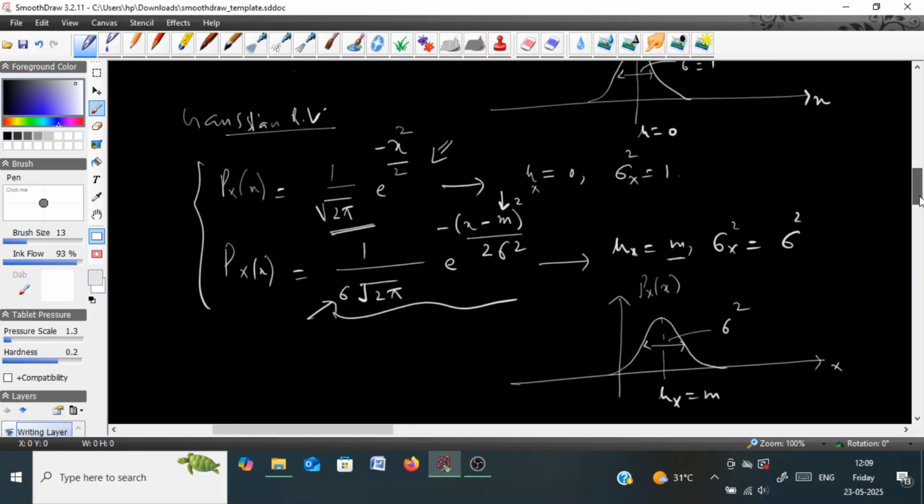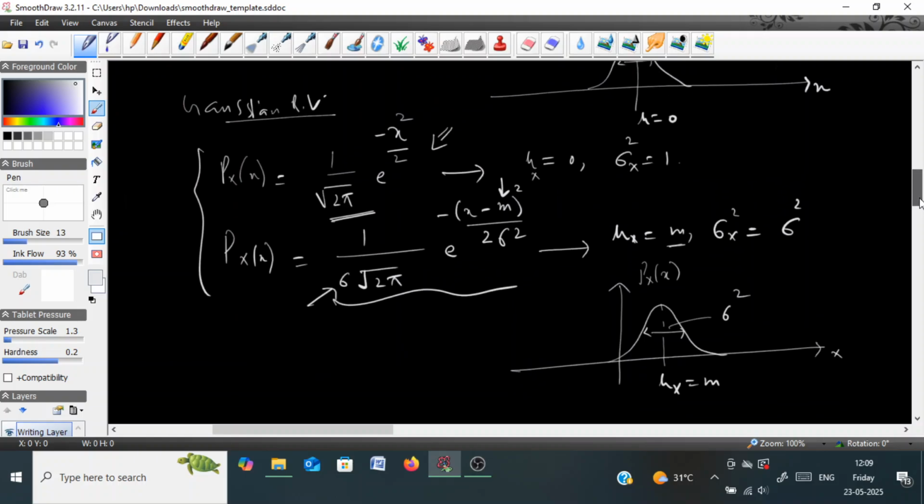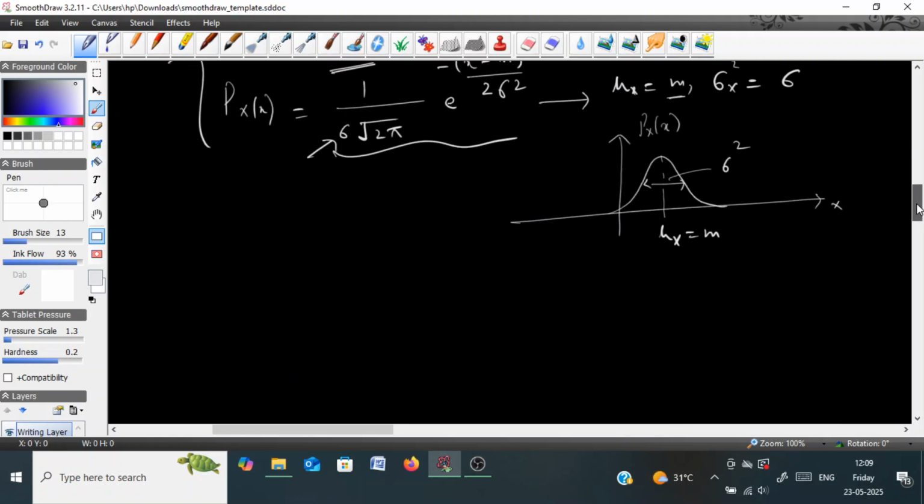Now we will check certain things. First, we will see whether it satisfies the property of being a random variable or not. Okay, so for that we simply have to see that the area under this should be unity. That is the first condition. The area under the probability density function is unity, that we have already discussed.